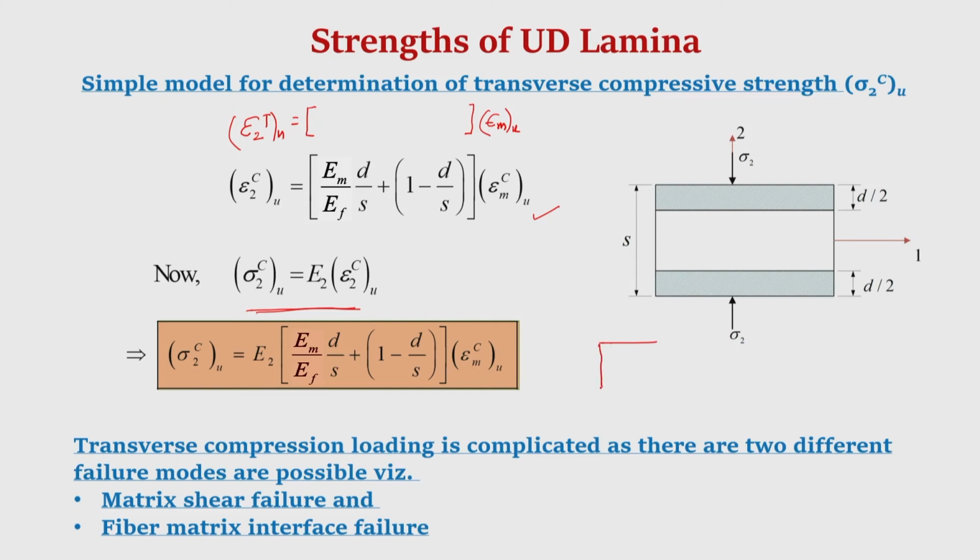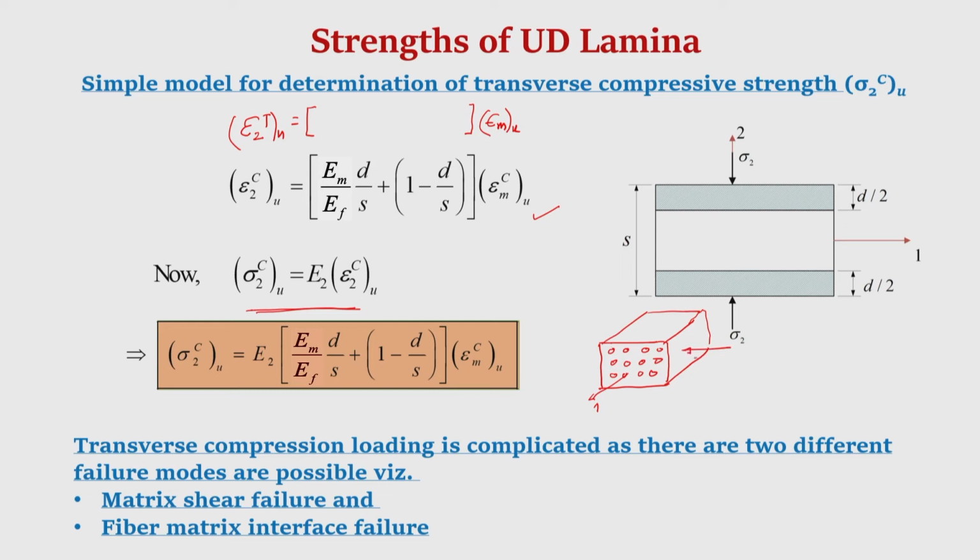Again, transverse compression is actually complicated. The situation is complicated because there are two possible modes of failure. One is matrix shear failure, and then there is fiber matrix interface failure. What happens is, suppose these are the fibers. This is direction 1 and this is direction 2.